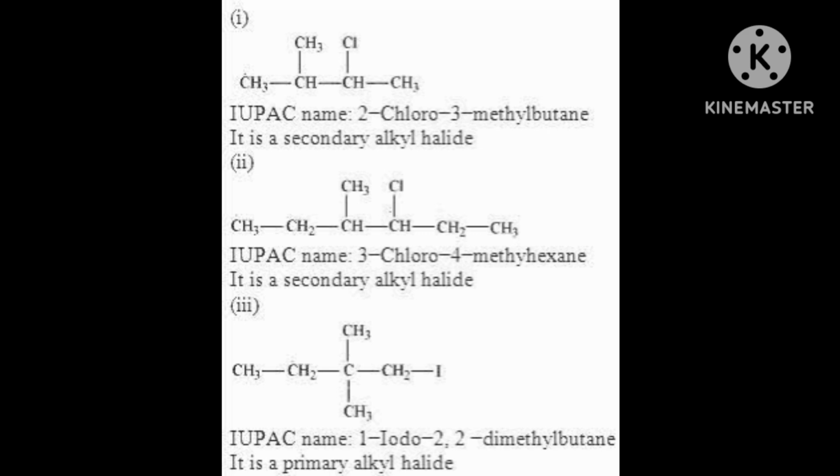Now total 5 carbons are there, with bromine at carbon number 3 and the double bond at carbon number 1. Then now we will write 3 bromo, and 2 methyl butane 1 ene.